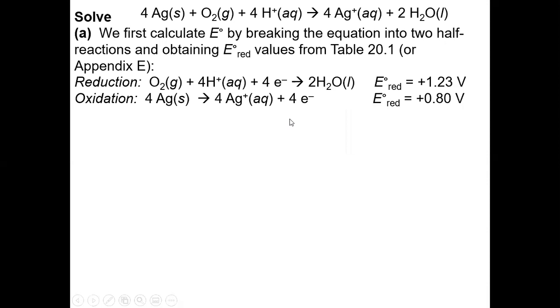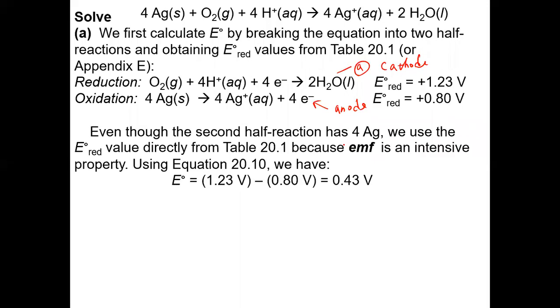So once you identify your reduction reaction and oxidation reaction, as we know, reduction will happen at our cathode. So this happens on the anode. Then you see the formula.